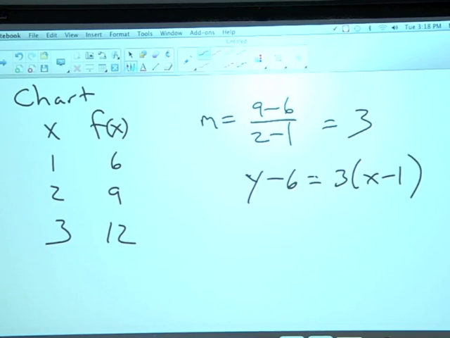So you have a question in the homework where they want you to find the slope of the first line, find the slope of the second line, and then decide: are they parallel, perpendicular, or neither? So if they have the same slope, they're parallel. If they're negative reciprocals, they're perpendicular. If they're neither of those cases, then it's neither.